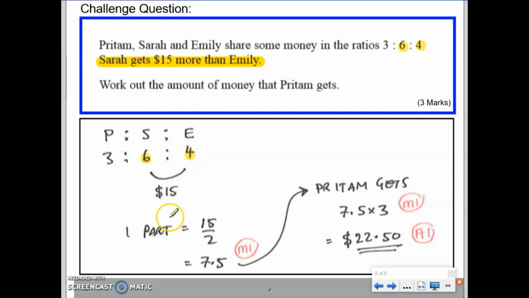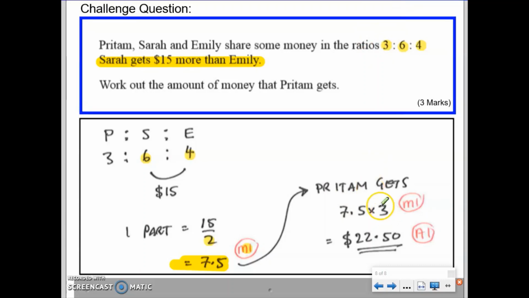If we subtract these, we receive 2. So to find 1 part, we would do $15 divided by 2. So every 1 part in this ratio is 7.5. There's my first method mark for finding 7.5. So then in order to work out what Pritam receives, he is the first part of the ratio represented by the 3.